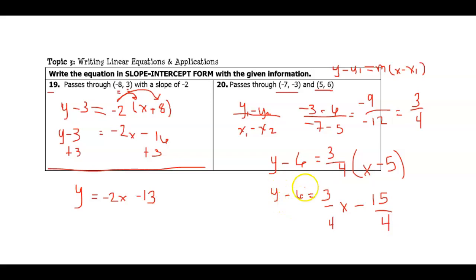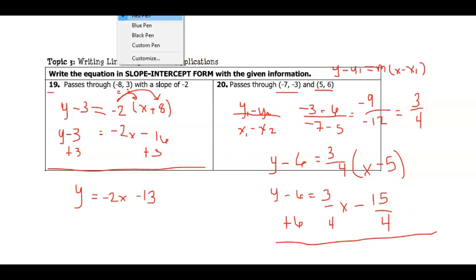I got to get rid of this 6, so I have to add 6 to both sides. While I do that, I'm going to rewrite 6. When I put it on the right side of the equation, I'll rewrite 6 as 24 over 4, just so I have a common denominator.